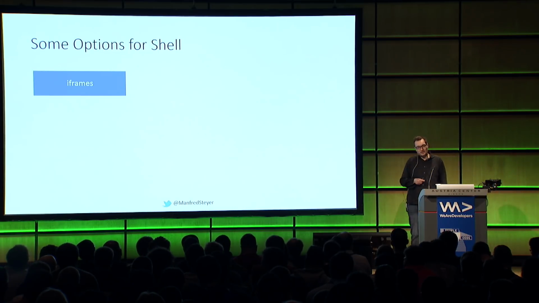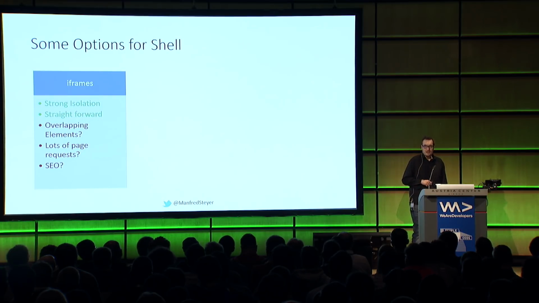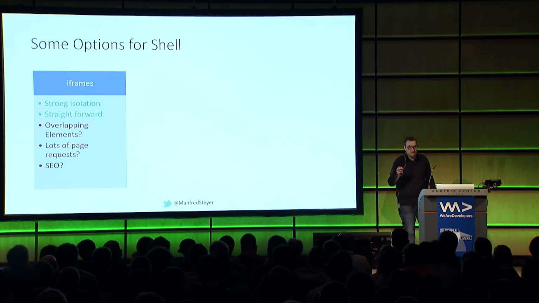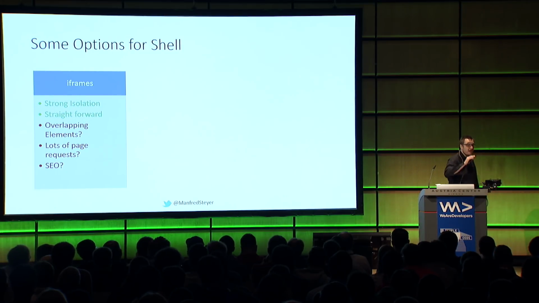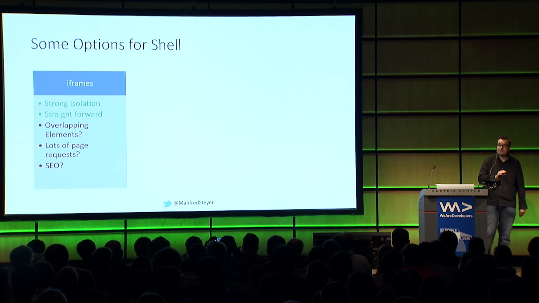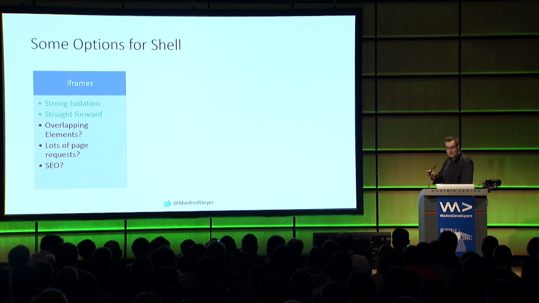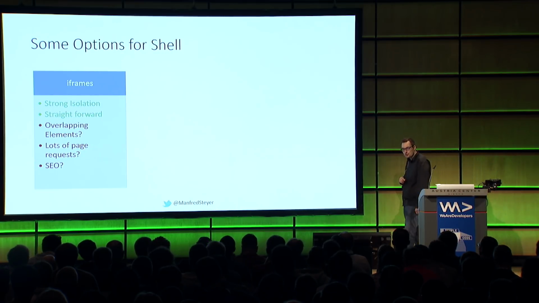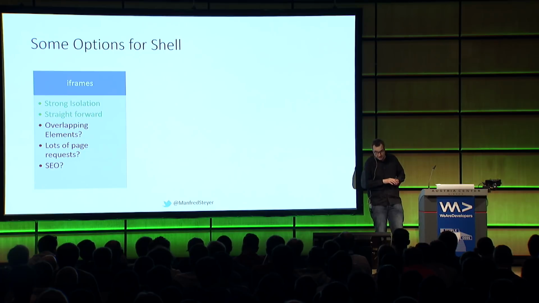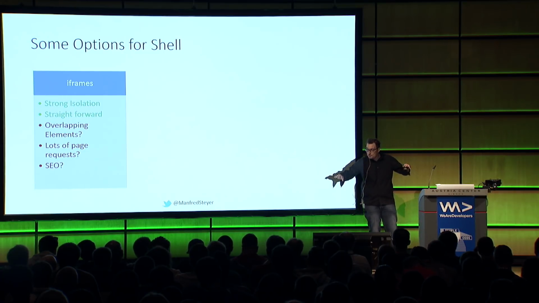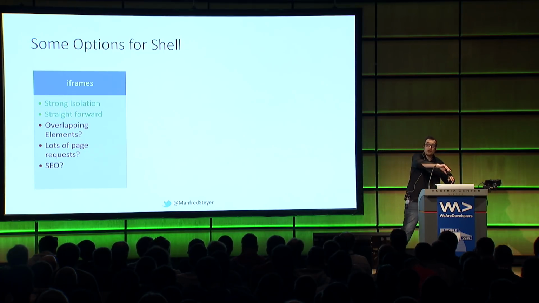But it turns out that iframes are not only bad. They have some advantages. The biggest advantage here is that an iframe provides the best isolation you can get. And isolation is important when it comes to shell applications. Isolation means that one micro app cannot harm another micro app.